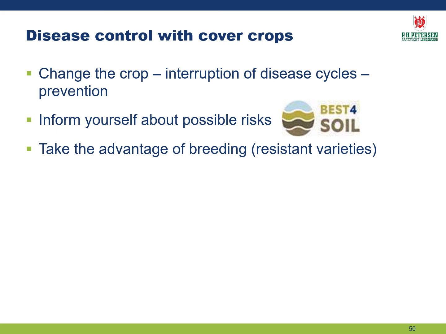Inform yourself about possible risk. Best4Soil is a good possibility to inform about possible risk of crop rotation together with cover crops. And take the advantage of breeding in form of resistant cover crop varieties.